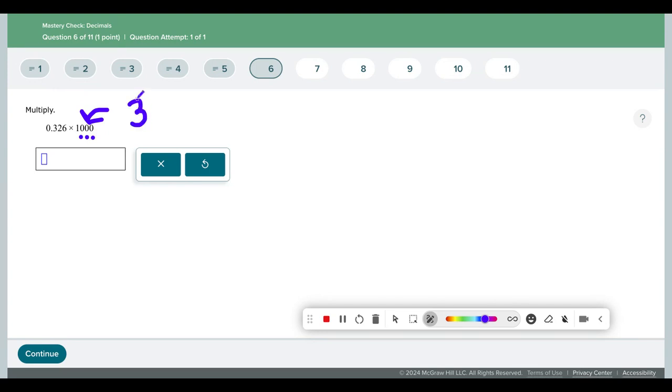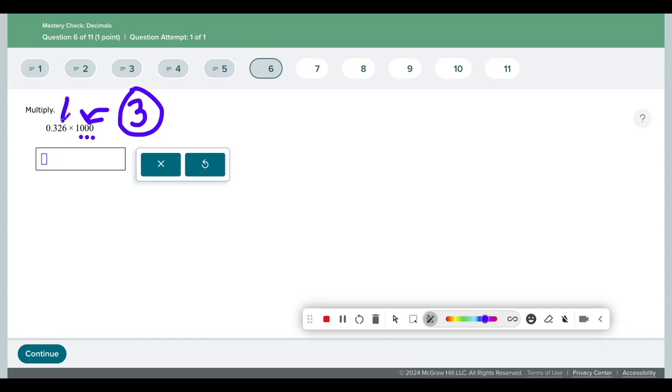And I know if I'm taking a number and multiplying by 1,000, I have to ask myself, is my number going to get bigger or smaller? If I had $1 and multiplied that by 1,000, am I going to end up with more money or less money? Hopefully you're thinking more. Your number is going to get bigger.